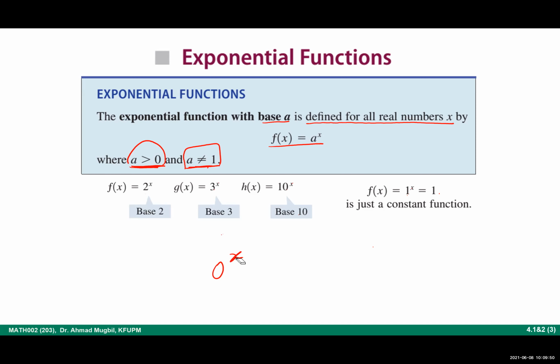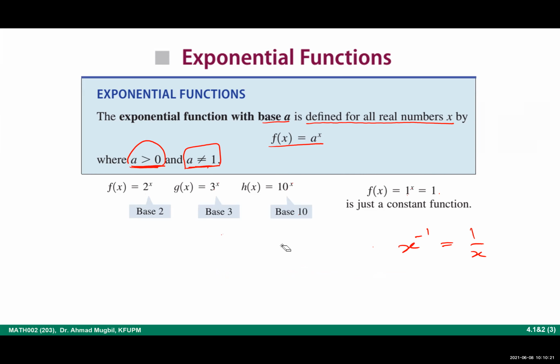What is 0 to the power x? 0 to the power 1 is 0. 0 to the power 2 is 0 times 0, which is 0. But the problem is if we have, for example, 0 to the power negative 1, what is this? This will be 1 over 0. You know that x to the power negative 1 is 1 over x, the reciprocal. So this will not be defined. So we cannot have 0.